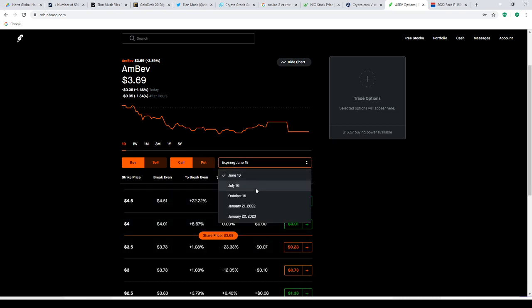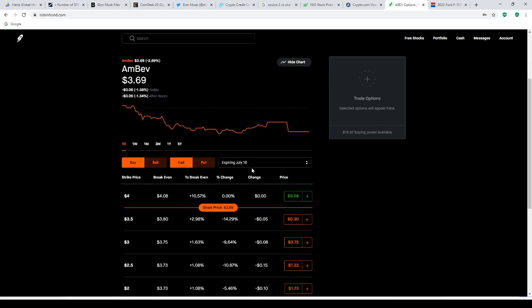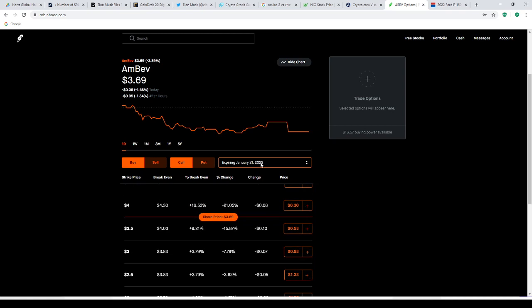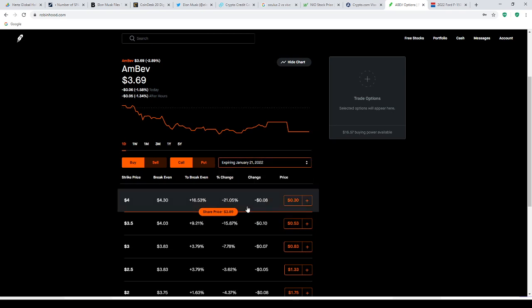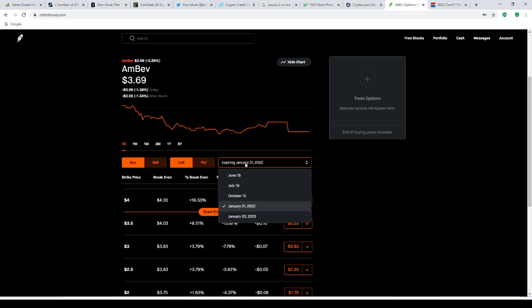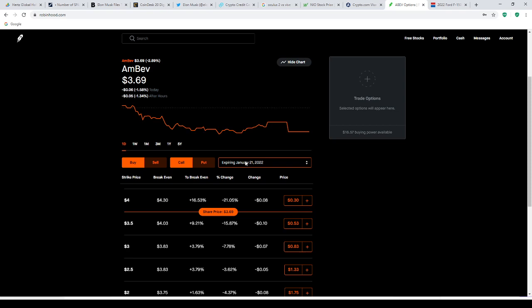So right here, you see all of these different options in dates, expiration dates. So July 16th, you'll see October, January. What I look for, first and foremost, I try to go out as far as I can and kind of work backwards. So what I want to do is give me as much time as I can to accumulate wealth over time.